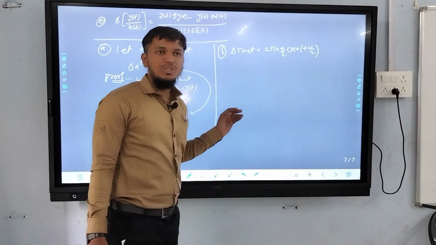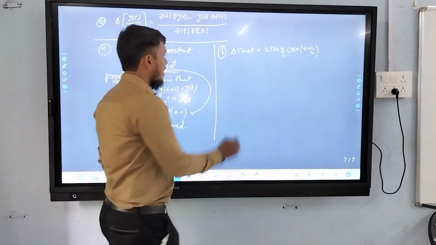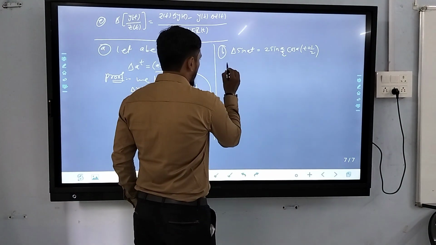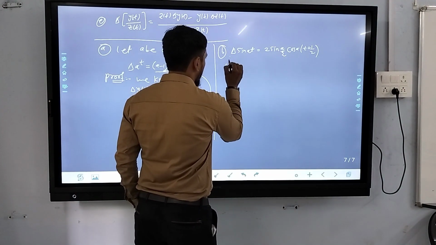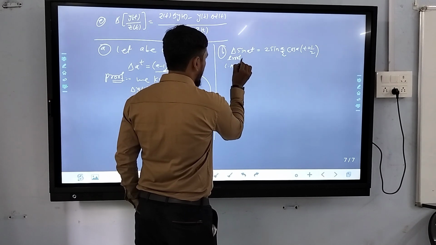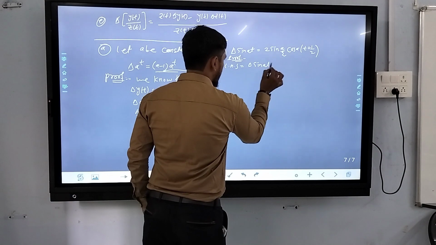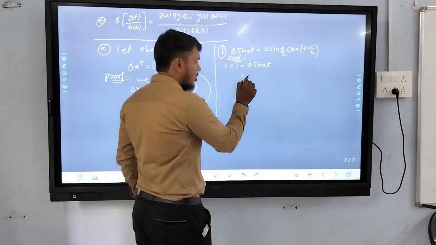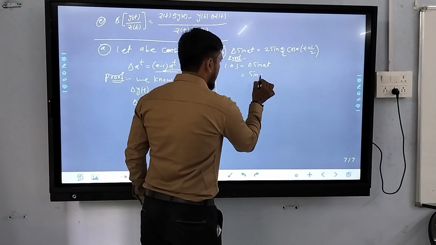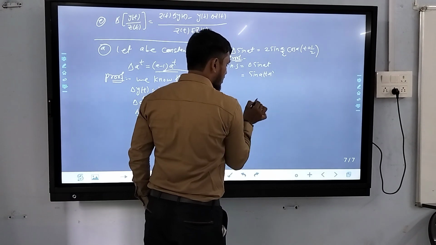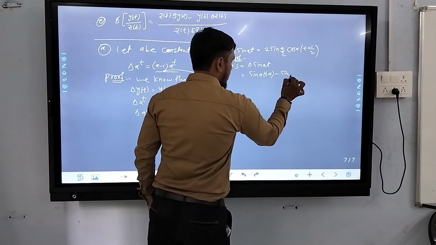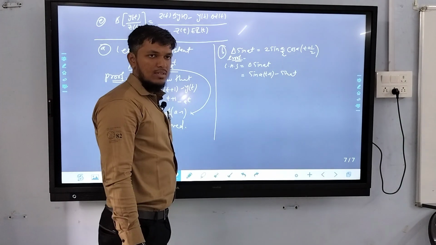Again use the definition of difference operator. Firstly we have to write the left hand side in the proof of the second part of the theorem. Left hand side is delta sin at. Now use the definition of delta. So this is sin a(t plus 1) minus sin at.